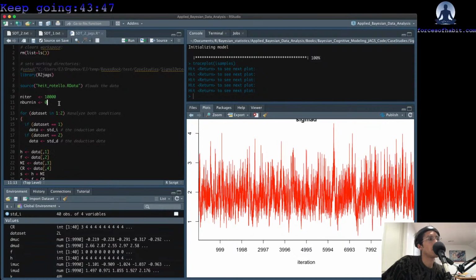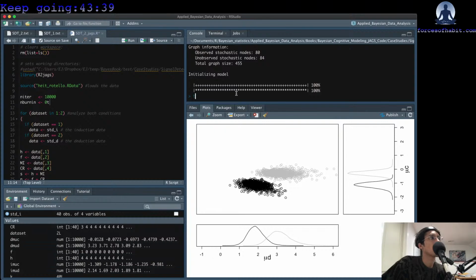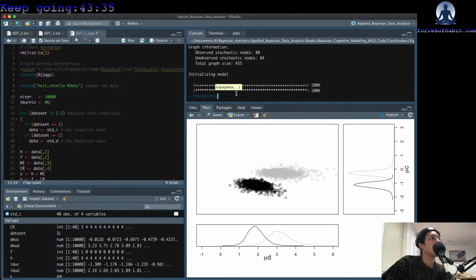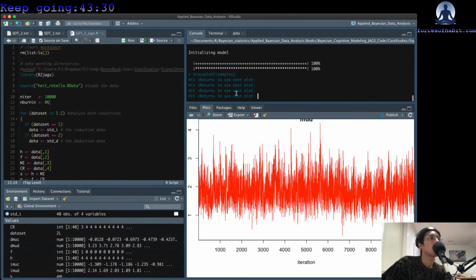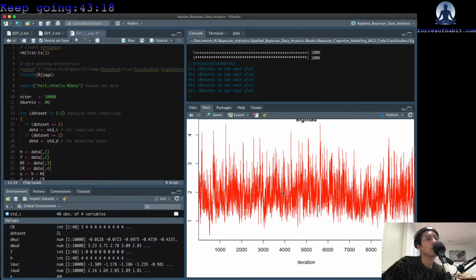So turn the burn-in to 0. And then we took a look at the trace plot of I samples. This is, see, it looks more systematic there. Like that. Dependency. We want something that looks more like noise.